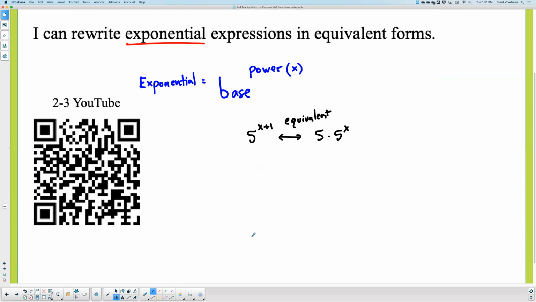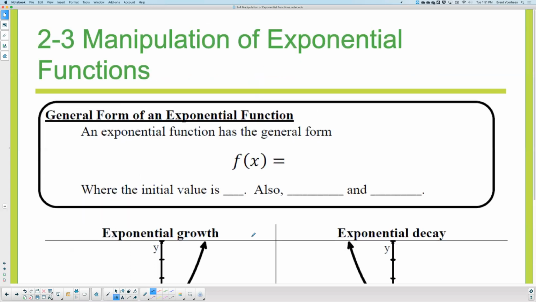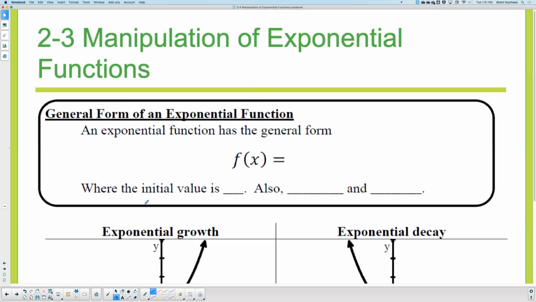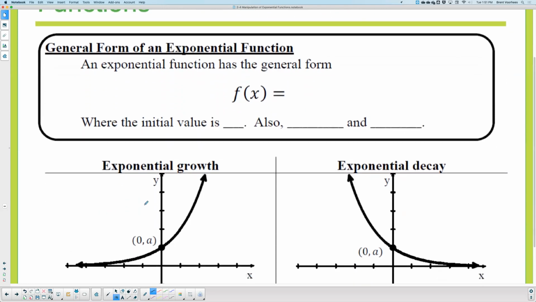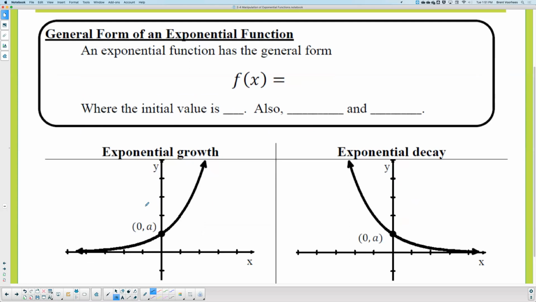Before I get going too fast, I want to quickly go through what lesson 2.3 is all about, and then we'll spend the rest of the time dealing with lesson 2.4. Okay, so 2.3 is just the basics of exponentials. On this slide here, it goes through the basics. An exponential function has the general form, start there, and I want you to put in a times b to the power of x, where b is your base.